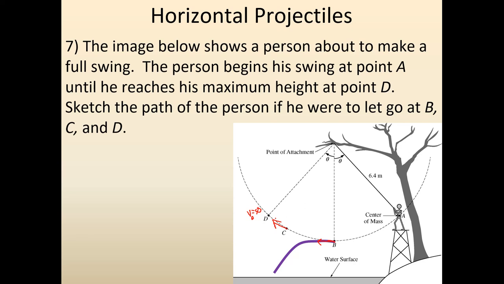It starts going up and then comes back down. Again, it's a parabola, just going to a maximum height. D, on the other hand, because again it's at its max height, there's no velocity, there's nothing forcing it to move horizontally, therefore it's just going to fall straight down. So these are the three different motions at these locations.